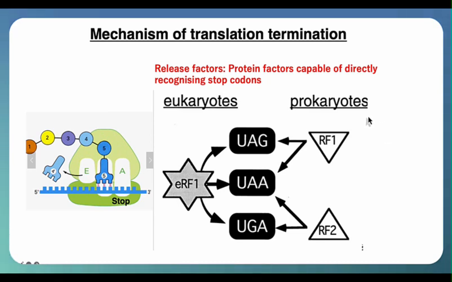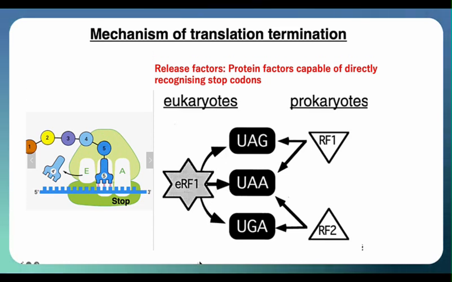Instead, there are protein factors called release factors that can bind to these stop codons. In bacteria, RF1 can recognize UAG and UAA, while RF2 can recognize UAA and UGA. On the other hand, in eukaryotes, a release factor called eRF1 can bind to all 3 types of stop codons.